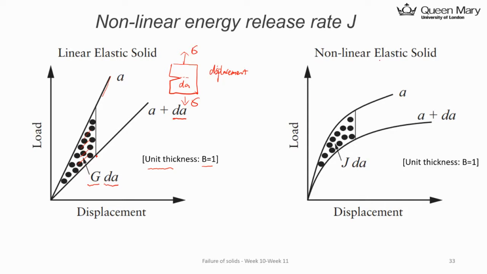Similarly, for a nonlinear solid with a nonlinear curve, after crack extension you also have this energy released. So we assume J times dA equals that energy. It is a very similar energy method approach.